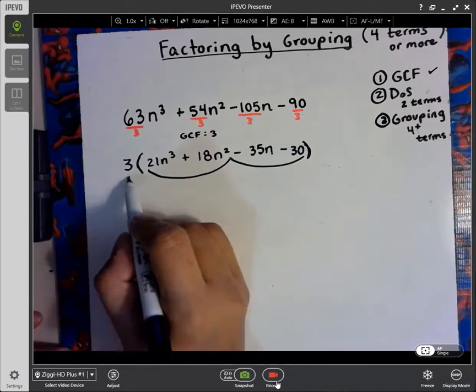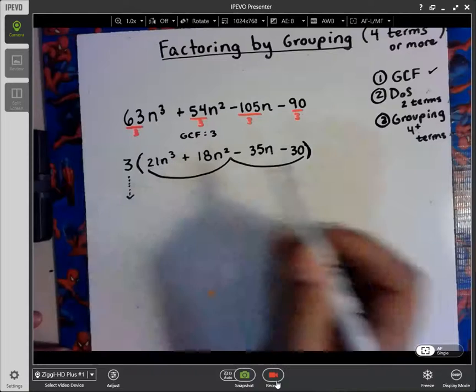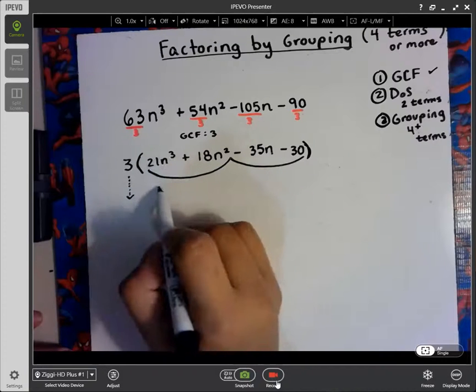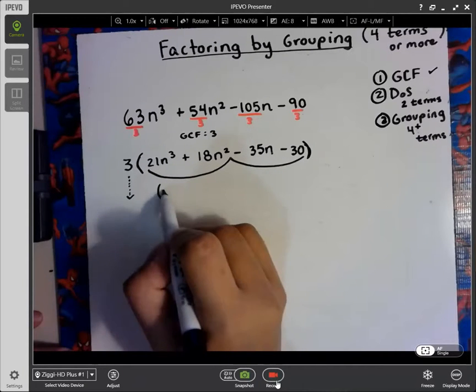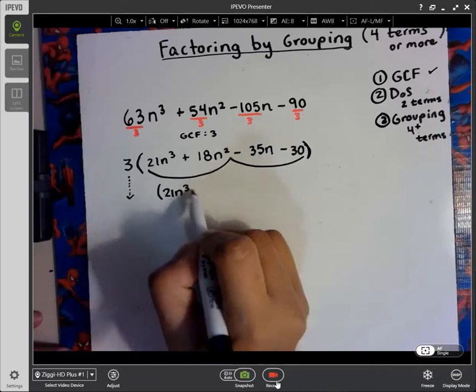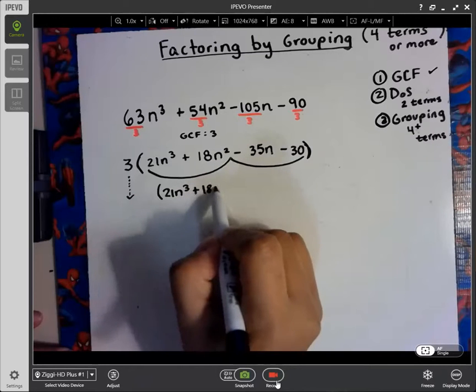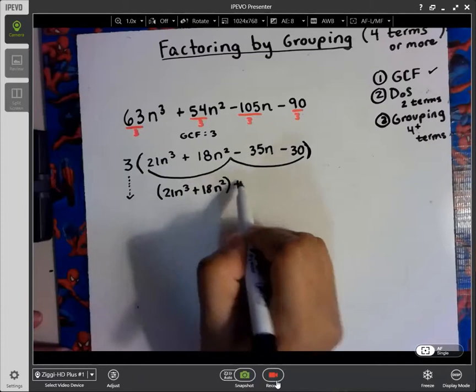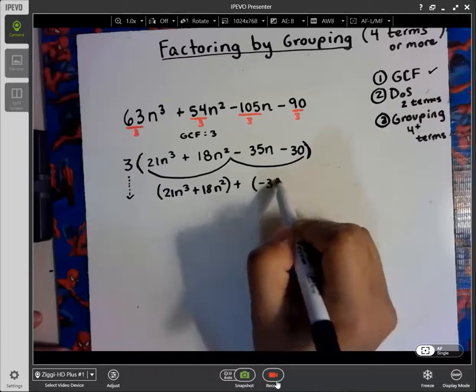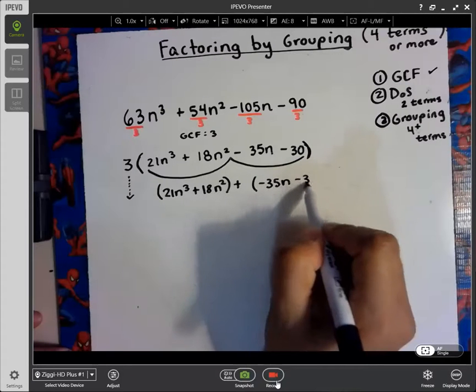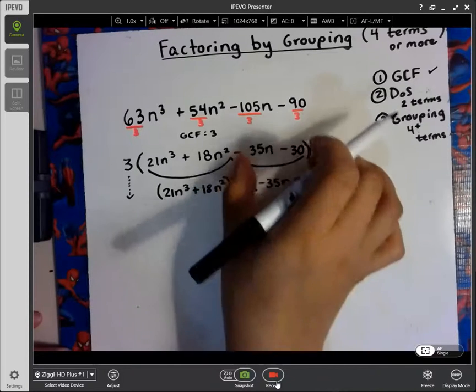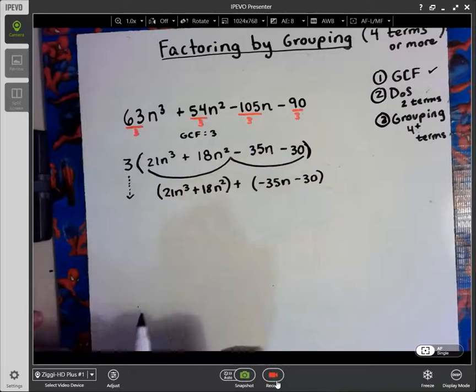Don't forget, this 3 will eventually come down. Okay? So we have 21n cubed plus 18n squared plus negative 35n minus 30. Right, we're taking both terms and we're bringing them down.